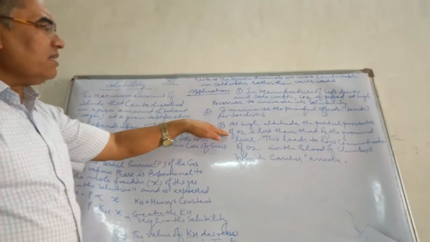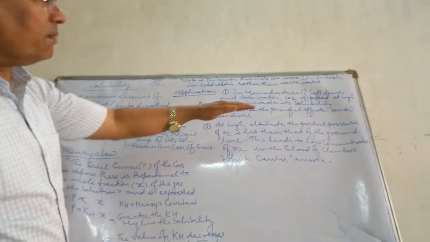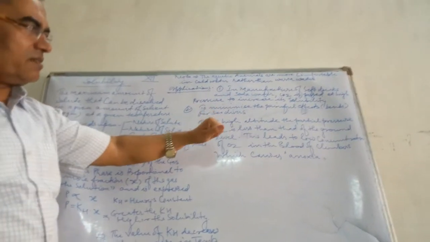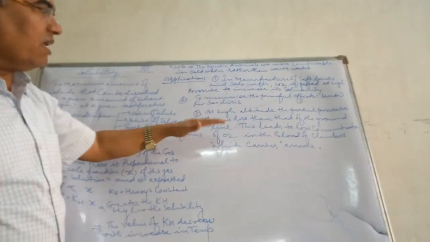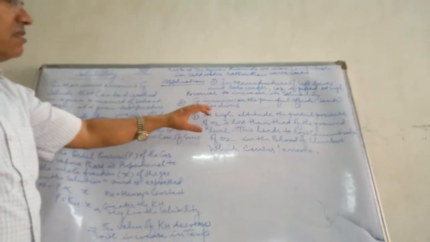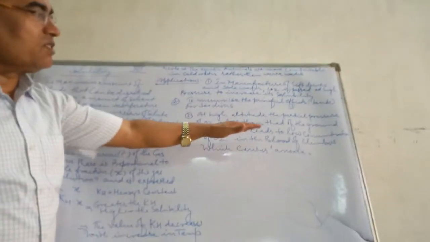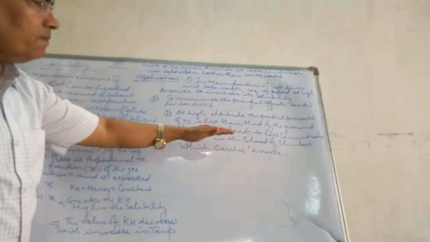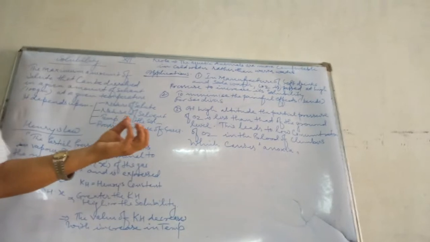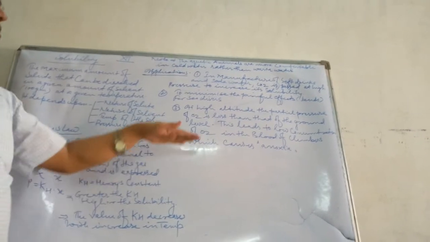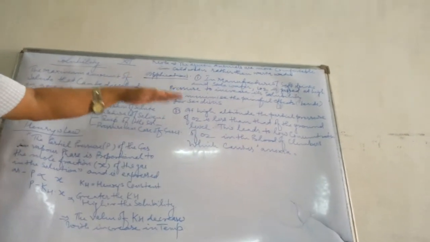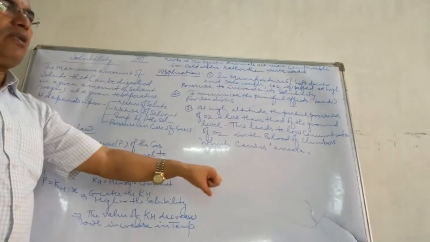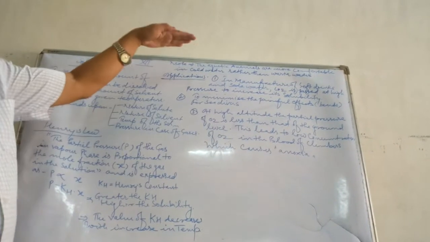So the third point, at high altitude the partial pressure of oxygen is less than that at ground level, and this leads to low concentration of oxygen in the blood of mountain climbers, so they feel anoxia, meaning the level of oxygen is decreasing at the altitude.